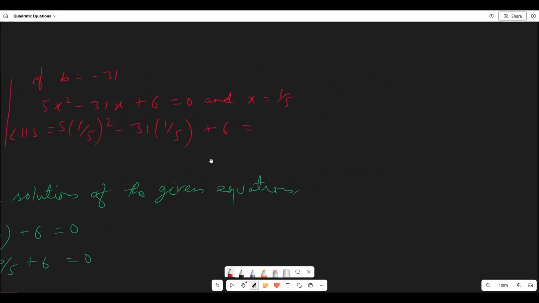So this will become 5 into 1 by 5 into 1 by 5 minus 31 by 5 plus 6 equals to 1 by 5 minus 31 by 5. Here it was 6 by 1, so we can make it 6 into 5 over 1 into 5.